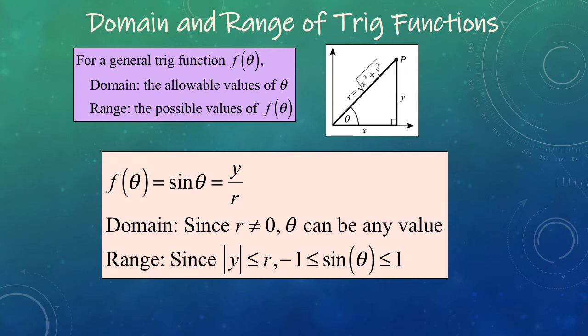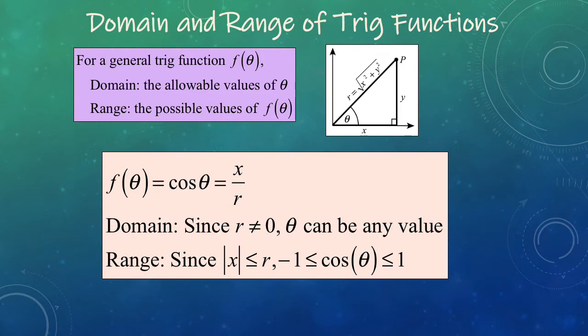So since the absolute value of y must be less than or equal to r, then we have a fraction with the larger number on the bottom. Therefore, sine theta must be a number between -1 and 1 inclusive.